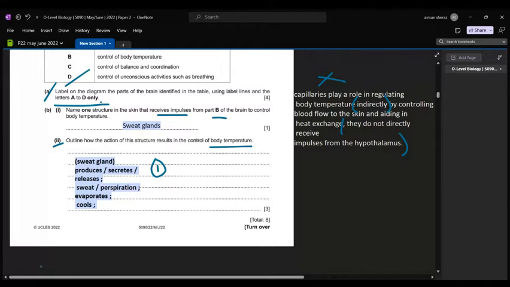So when you're in a hot environment, you obviously produce more sweat and your body needs to cool down in order to regulate body temperature. So what happens is that you produce sweat and it comes on the skin surface and then it evaporates from there. And when it is evaporated, it leaves a cooling effect to the body. So the second mark would have been for evaporation and third mark for the cooling. So that's how you secured 3 marks for this part.